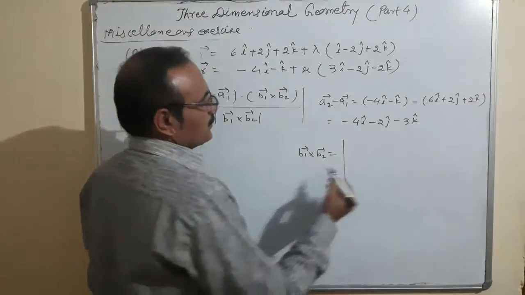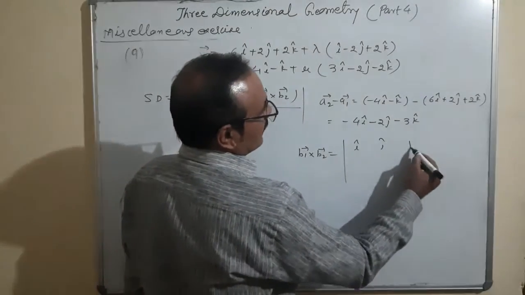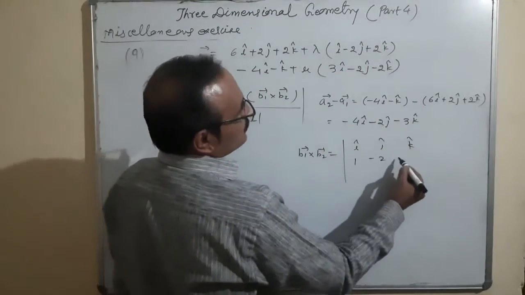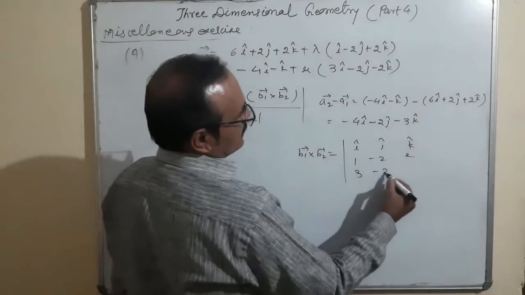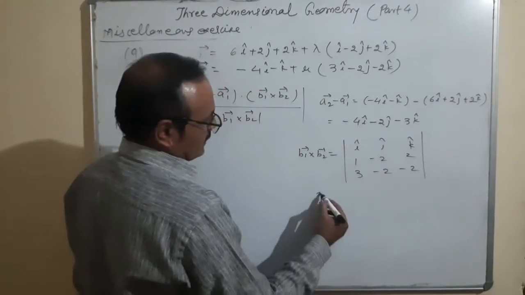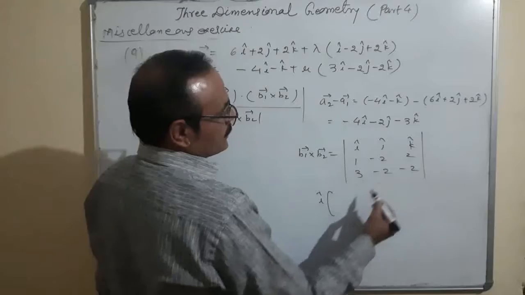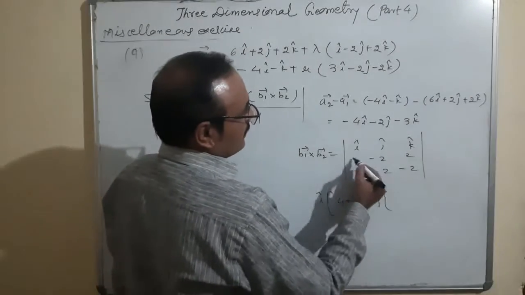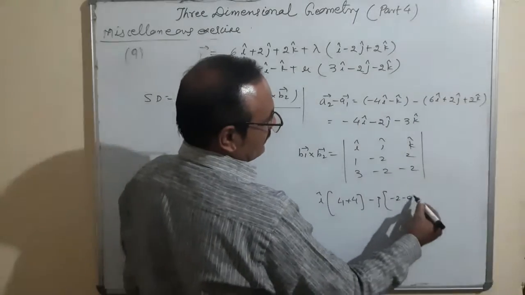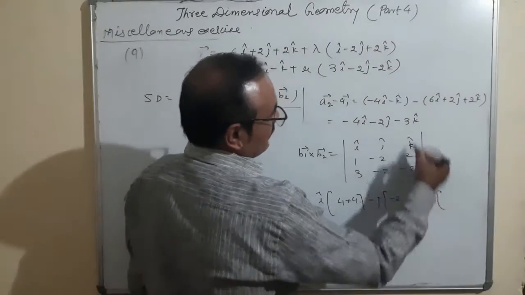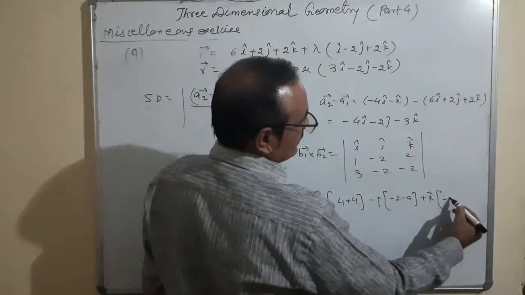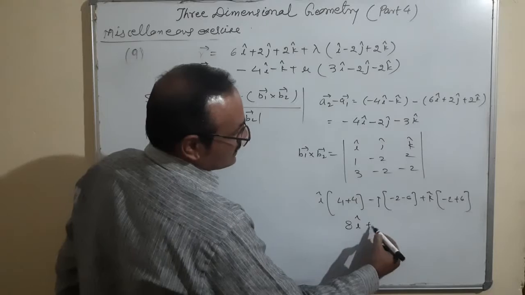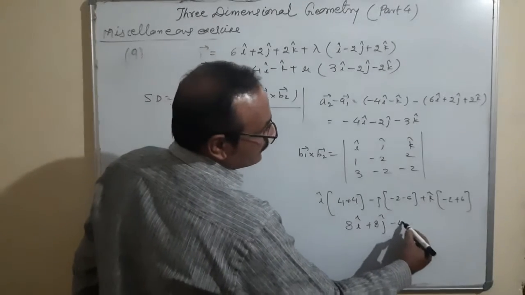Now B1 cross B2: i, j and k; B1 is 1, minus 2, 2 and B2 is 3, minus 2, minus 2. With i, leaving this column and row, it is 4 plus 4, minus j (minus 2 minus 6), plus k (minus 2 plus 6). So that means it is 8i plus 8j minus 4k.